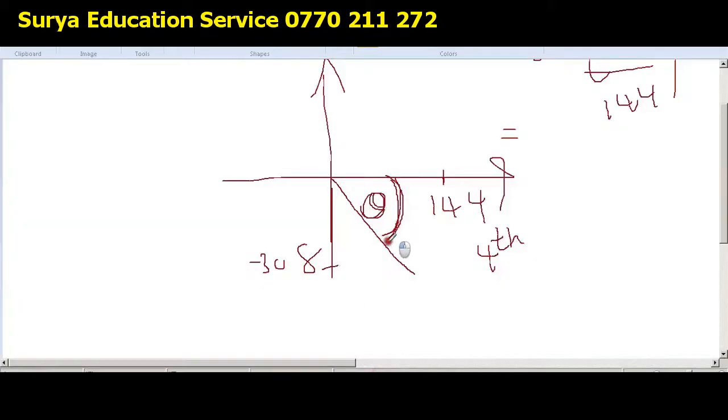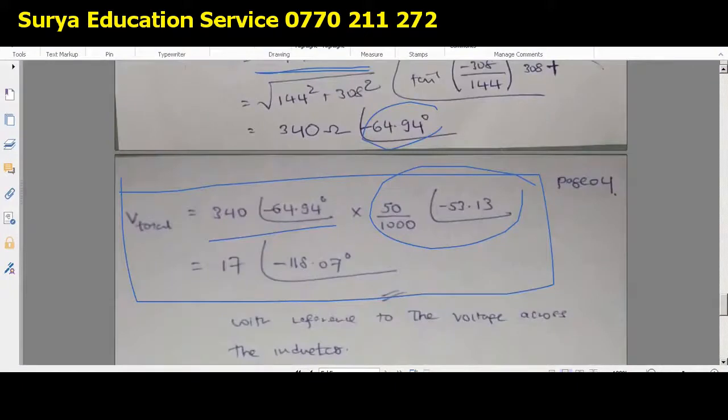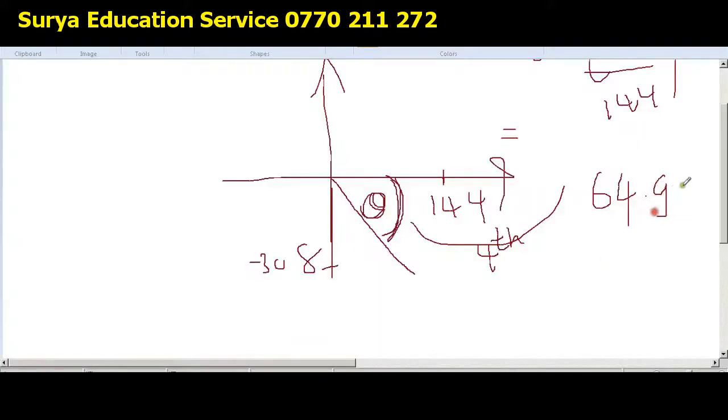This angle would actually be 64.94. The reason for calling it negative is that angles measured clockwise are taken as negative, right? So this angle is minus 64.94.